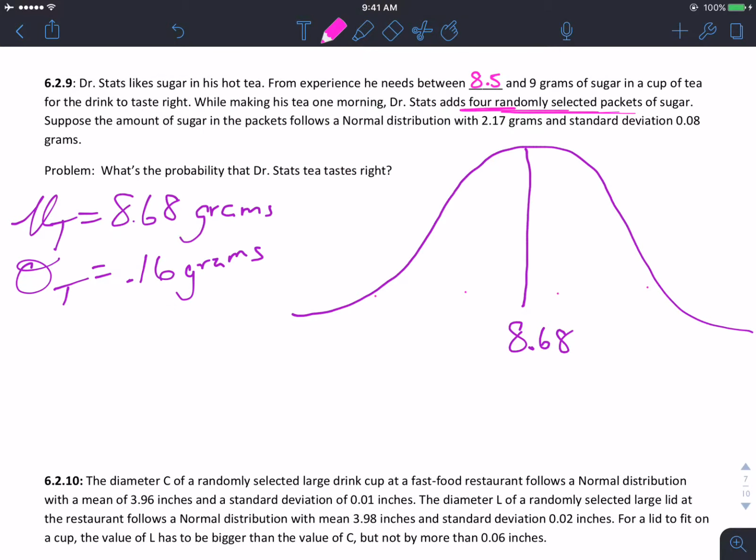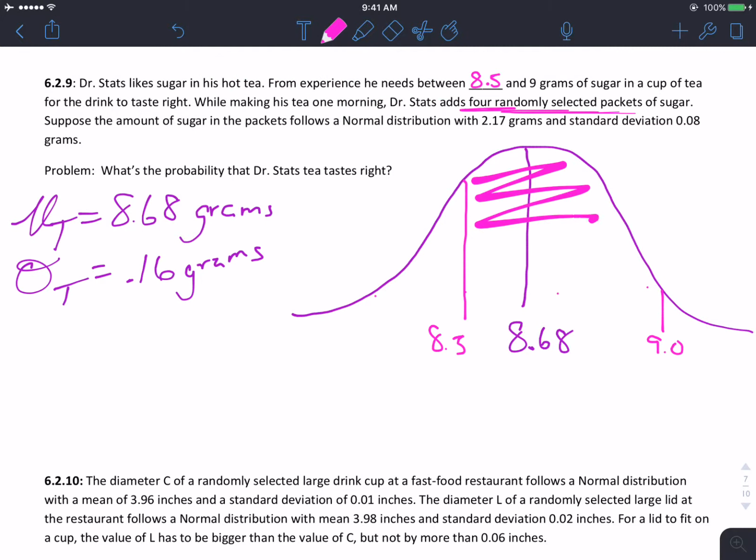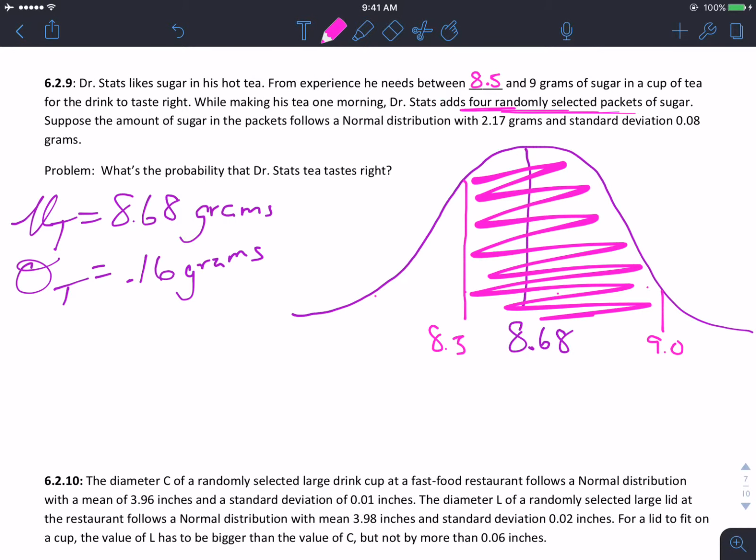So we're wondering where it's in between 8.5 and 9, and 9 is probably going to be way out here. We're looking for anything in that range.